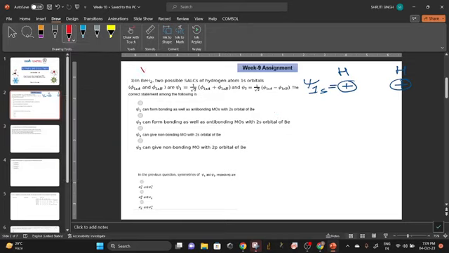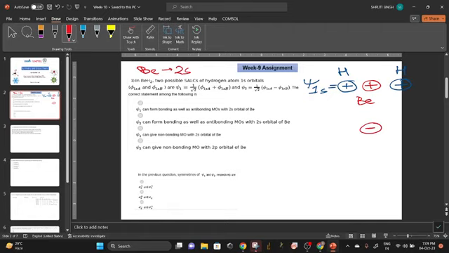So beryllium has a 2s orbital, which has the symmetry of this. Okay, so now beryllium 2s can be plus or it can be minus.